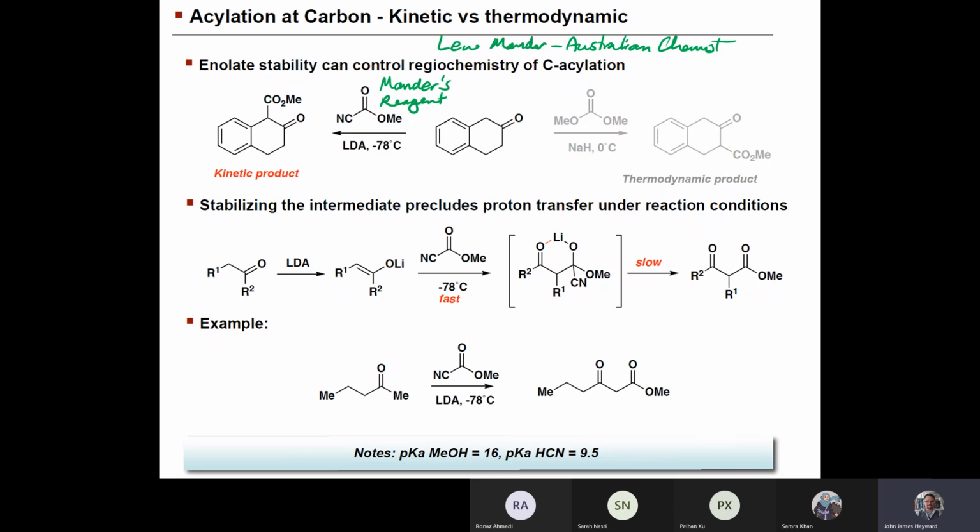So if we take our reaction and we use Mander's reagent, what ends up happening is that you get a semi-stable intermediate again. And there is a slow breakdown because now you're not breaking a carbon-heteroatom bond, you're breaking a carbon-carbon bond.